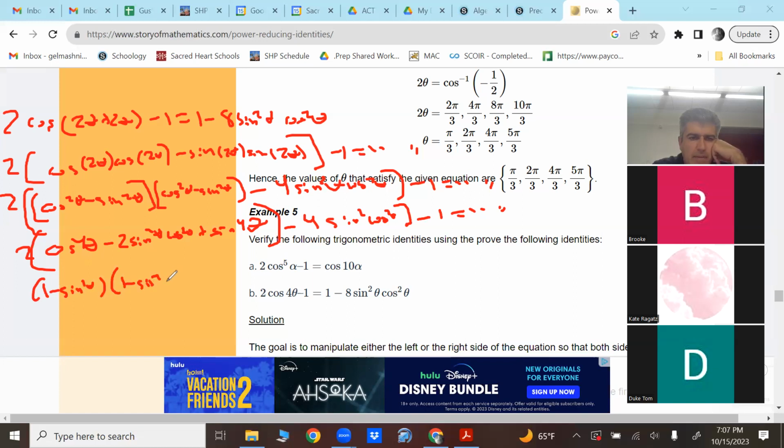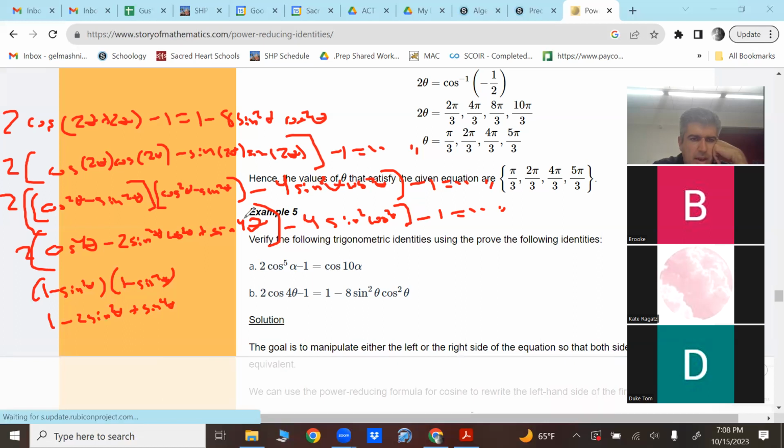Yeah, I think that should work out. Because you get 1 minus 2 sine squared theta plus sine 4 theta, because it's cosine squared times cosine squared. It would cancel with that sine 4 theta. Or would it? No, it would not. Shoot.